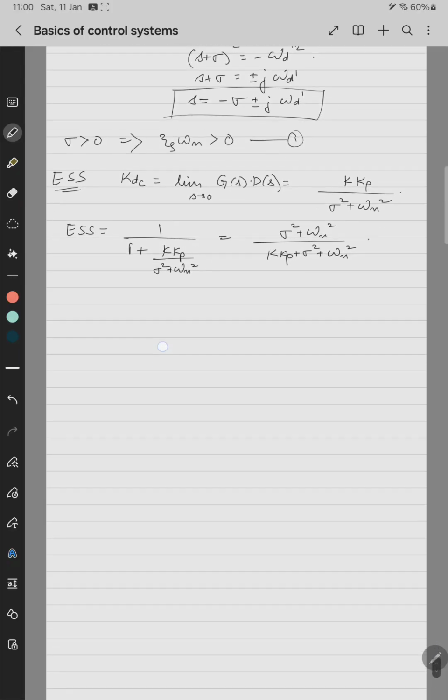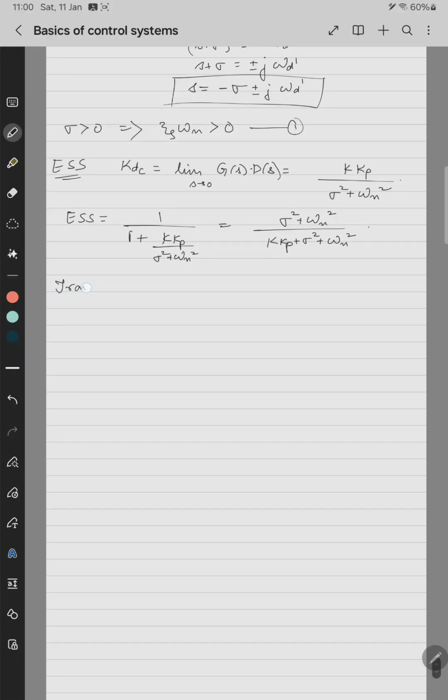Now comes the transients. For a second order system, you know that the rise time is 1.8 by omega n, and the settling time is 4.6 by sigma, or zeta omega n.